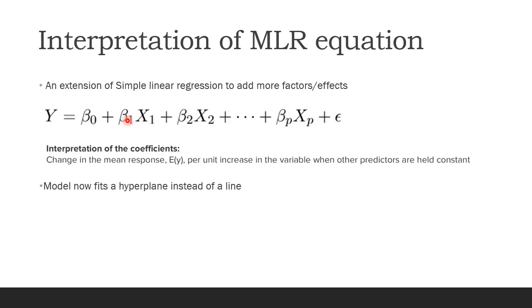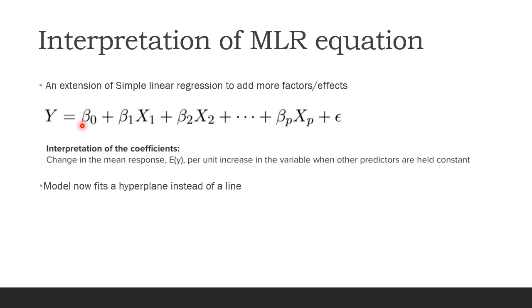Now, as in the simple linear regression problem, our target was to find a best fit line which would best describe that scatter plot or those data points, so that other values of y could be predicted from a given value of x. In this case, we can think of it as a hyperplane instead of a line.